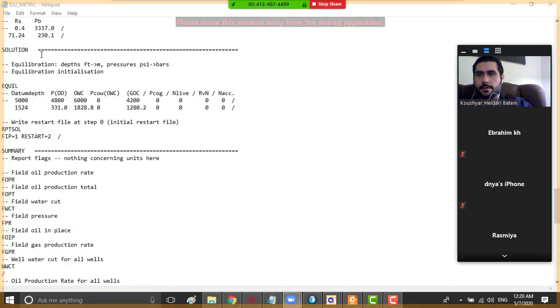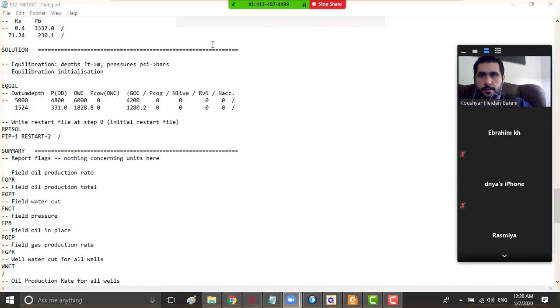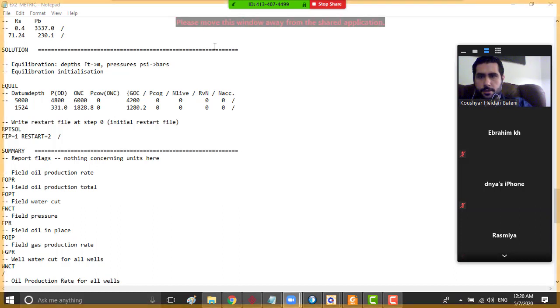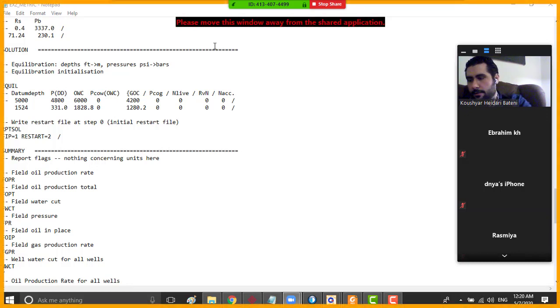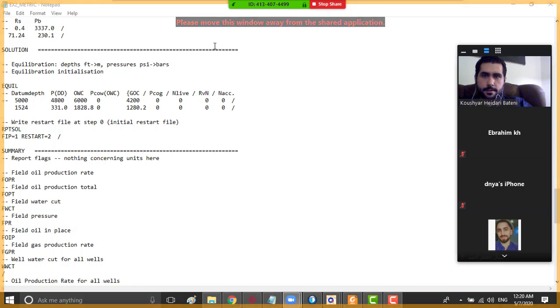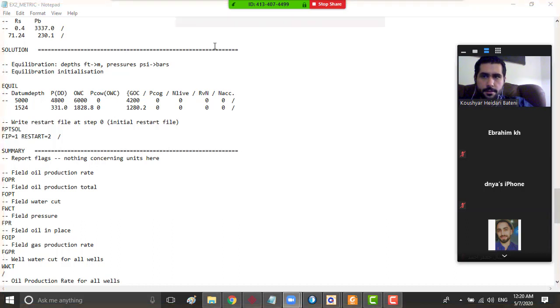Now, the next section of your data file here is the solution section. What does it do? In the grid section, you gave the simulator some properties like porosity and permeability, and you also determined the geometry of your reservoir.